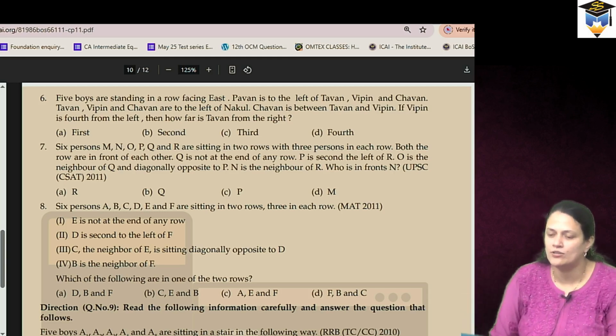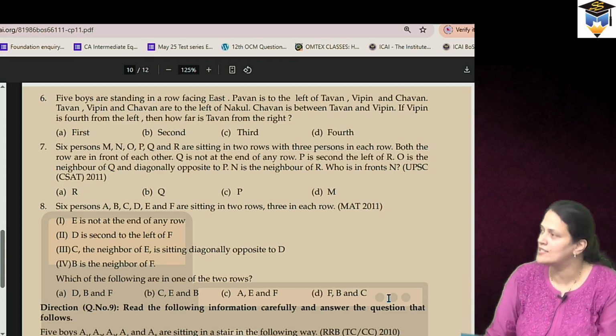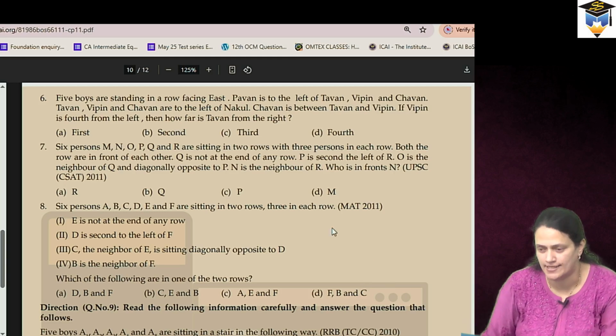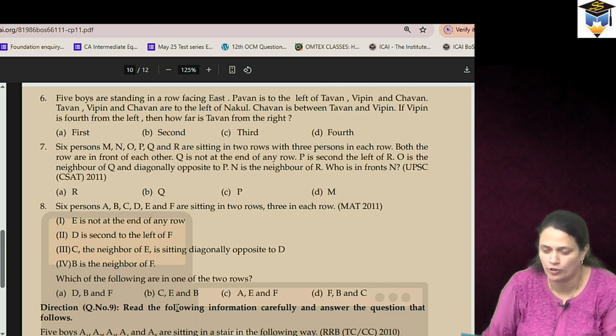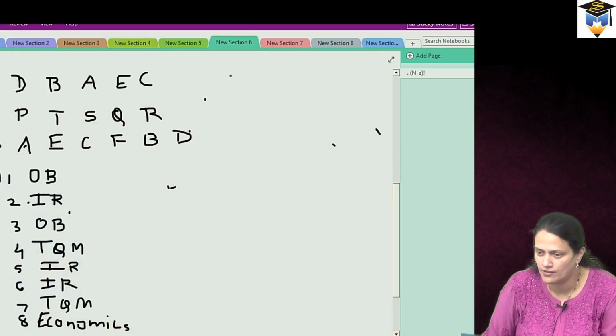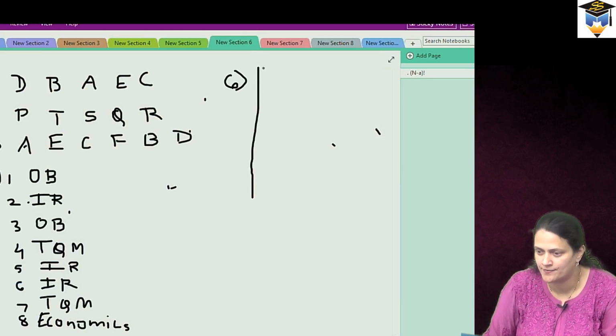Okay. Now, sixth question. Sir, answer, sixth question is done. Okay. So, 5 boys are standing in a row facing east. Pawan is to the left of Tavan, Vipin and Savan. Tavan, Vipin, Savan are to the left. Now, who will tell me the arrangement for the sixth one? Everybody is facing east.